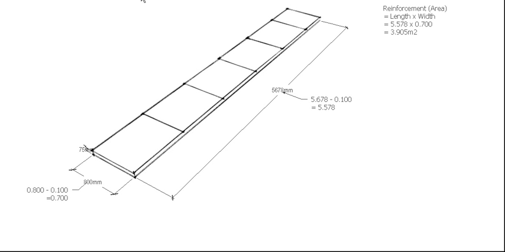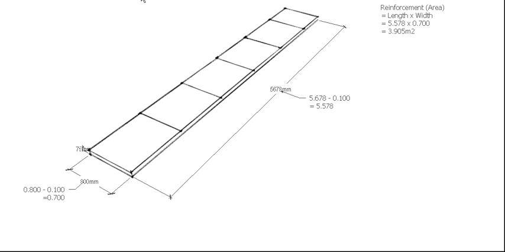To work out the amount of mesh we need, I'm going to use an area calculation. Area is length times width, using my new length and width. So 5.678 times 700, and you get 3.905 square meters of area in this slab.